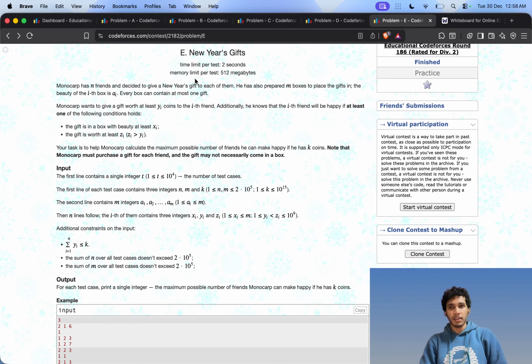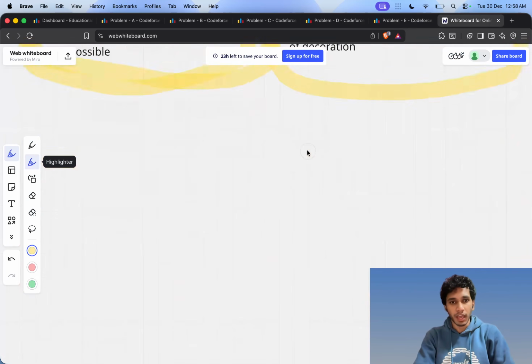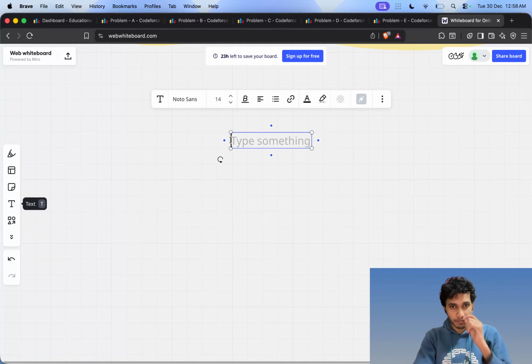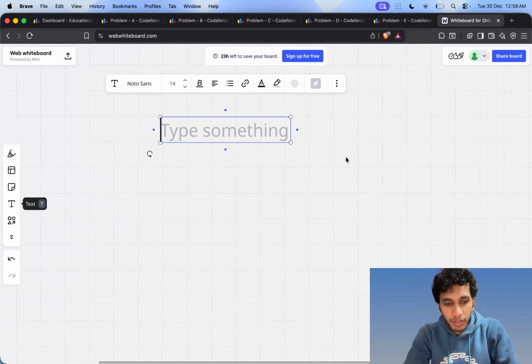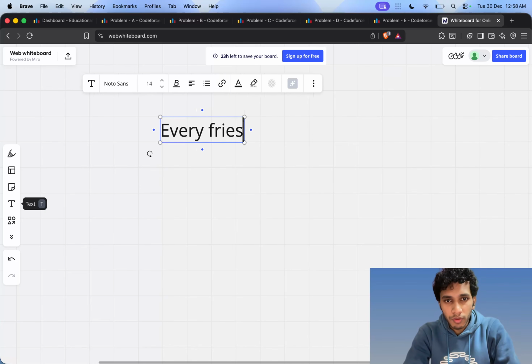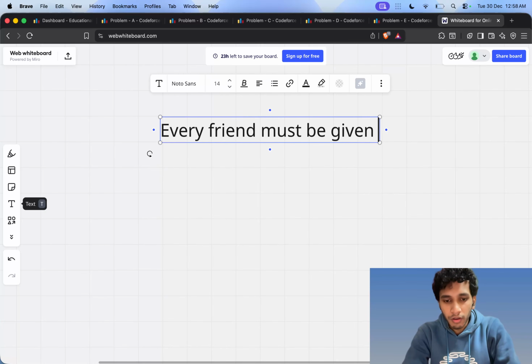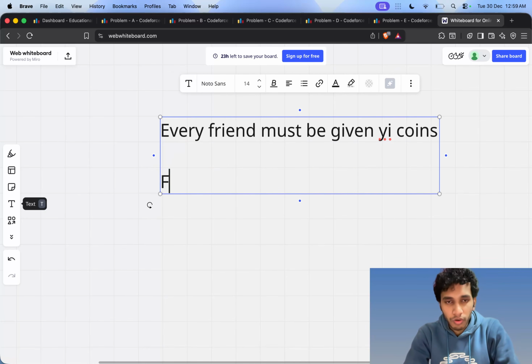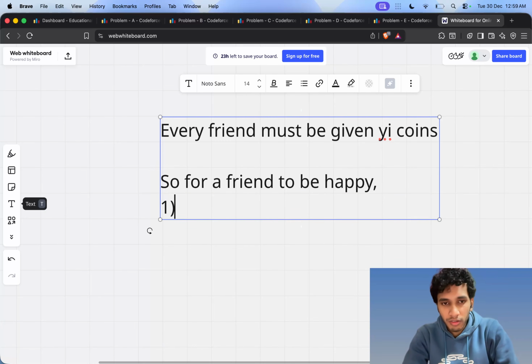From the problem statement itself, we can have some conclusions. Every friend must be given yi coins. So for a friend to be happy, there are two conditions.